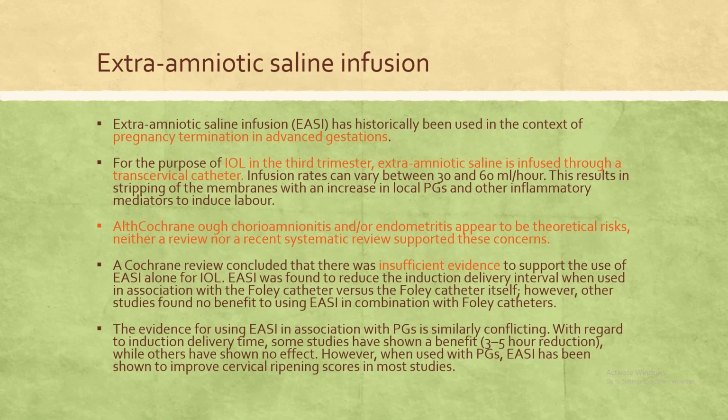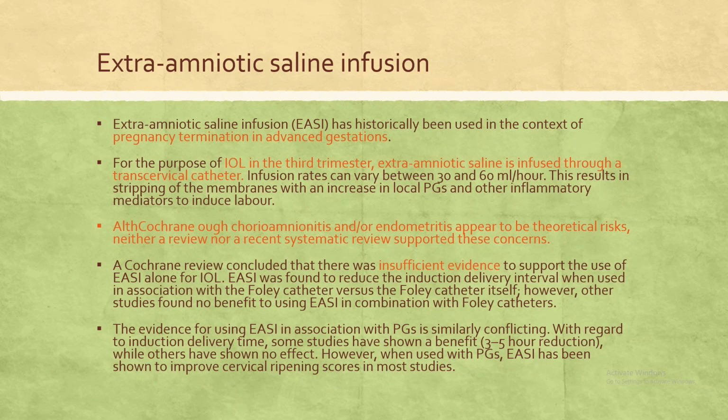Now, another thing is extraamniotic saline infusion. Yes, this was used for termination of pregnancy in the second trimester. So you know this, that it is extraamniotic instillation of saline. It is used for the termination of pregnancy in later gestation. But for IOL in the third trimester, usually this extraamniotic saline was infused through a transcervical catheter.